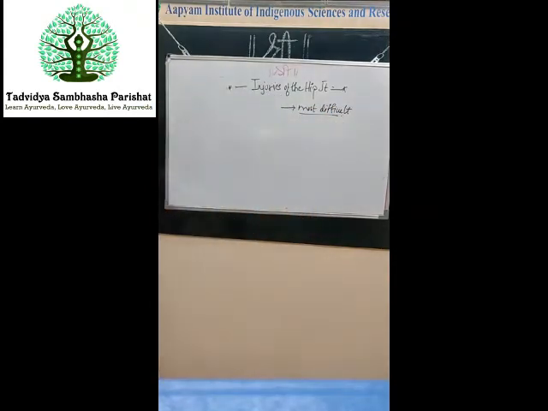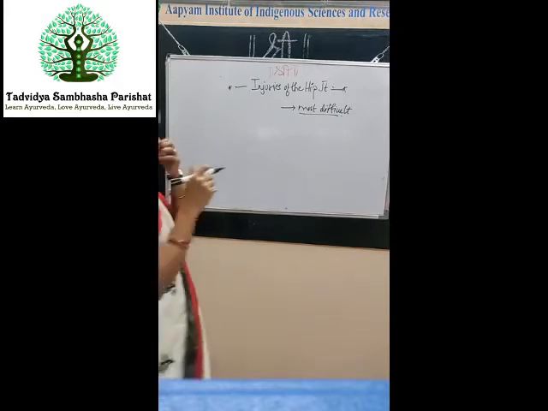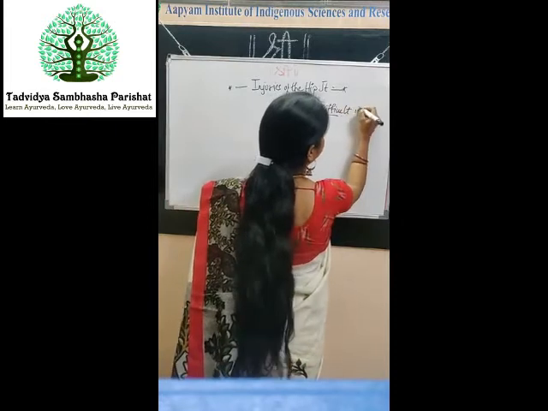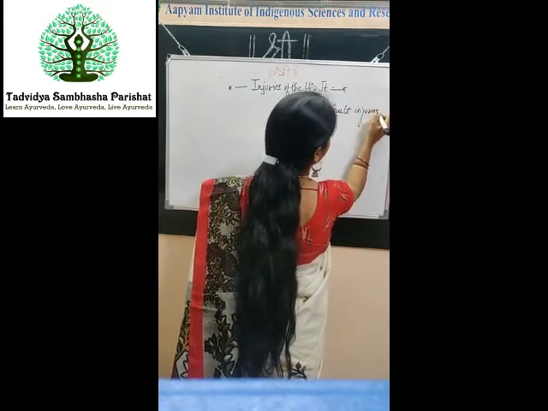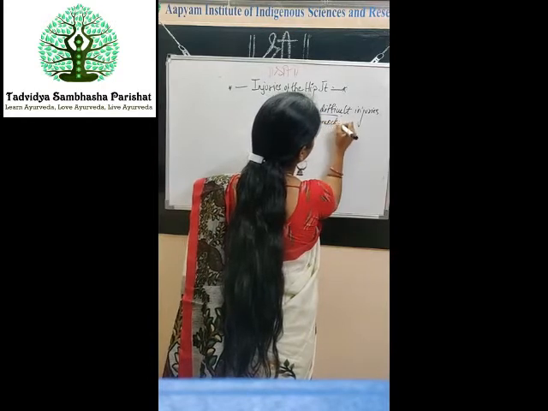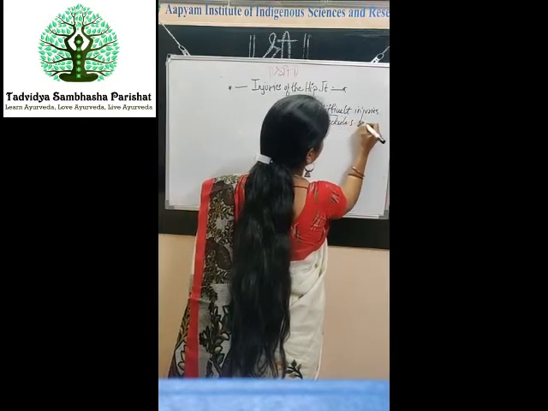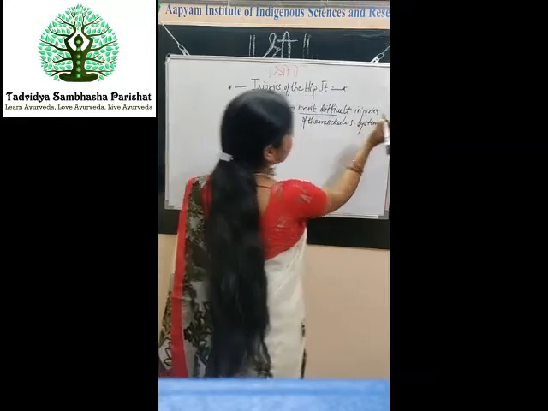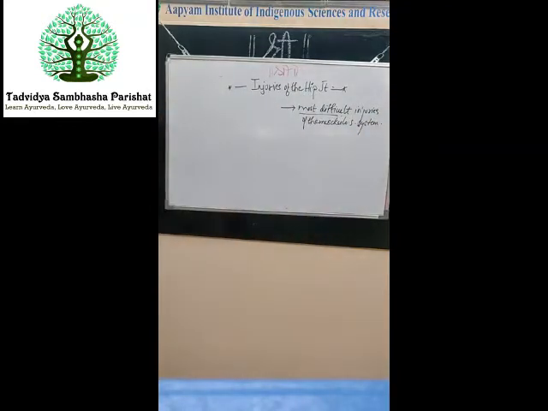If you have to categorize, it is one of the most difficult injuries of the musculoskeletal system. Why it is most difficult, we will get to know in today's classes.